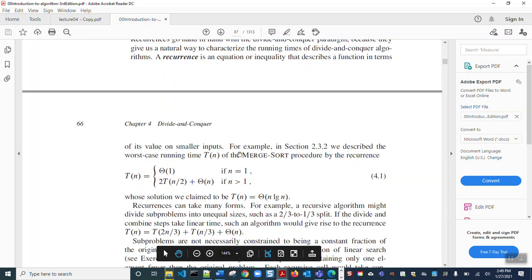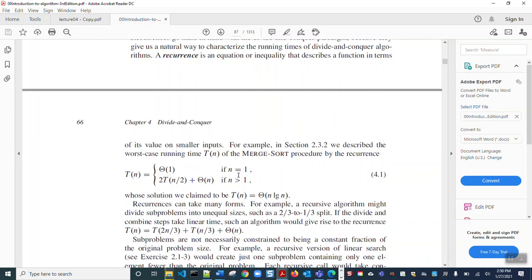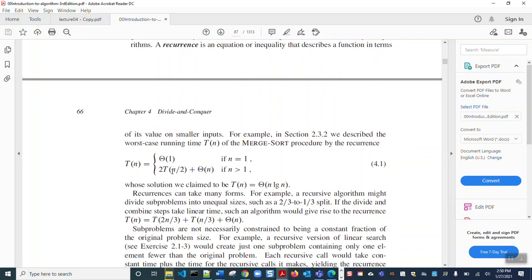As we saw in our previous lecture, for the merge sort algorithm, if we solve it recursively, its running time is theta 1, constant time, if there is only one element, n equal to 1. However, if there are more elements, we actually consider large numbers, thousands or maybe millions of data.